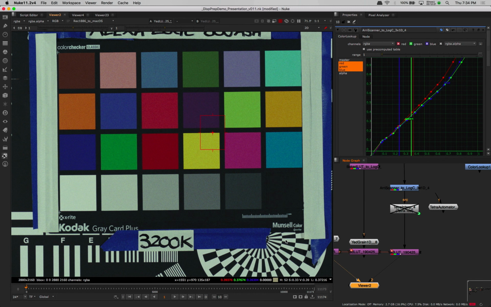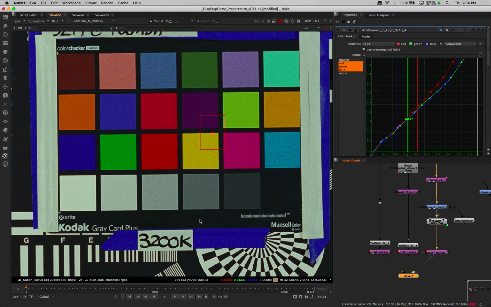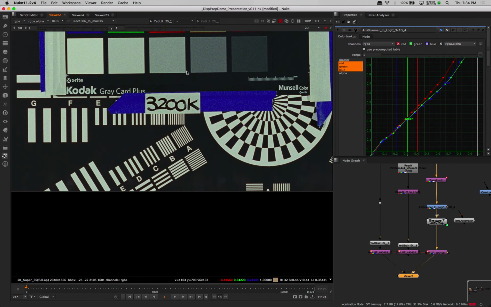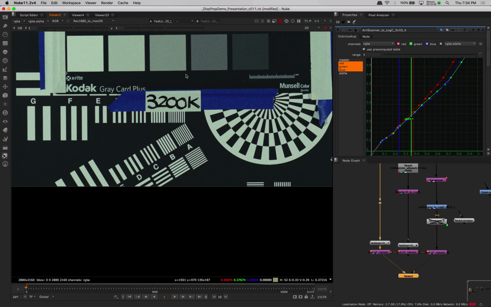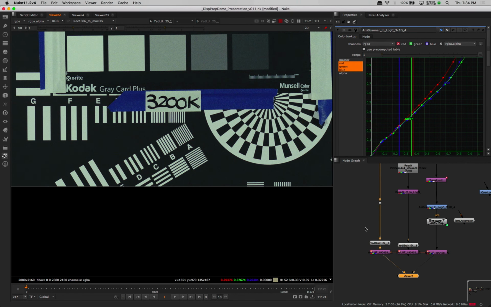Do I have something turned on here? No, that's right. Okay, let's hide the color so it's not popping as much. Can you guys see when I'm going back and forth? Not only will you see the image pop, but down here you can see this is where the viewer is connected.